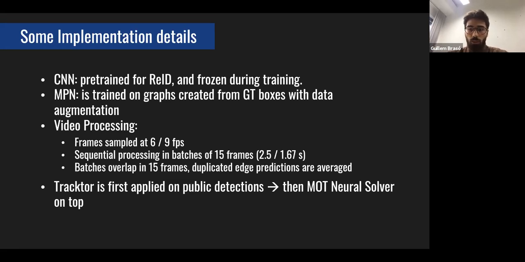What else? Again, a design choice that we had here is that when you see real videos recorded at about 25 or 30 frames per second, from one frame to the other there's really not much motion going on. Essentially, objects almost stay the same. So when we process videos, we only process one of every 5 frames, or 6 or 9 here.